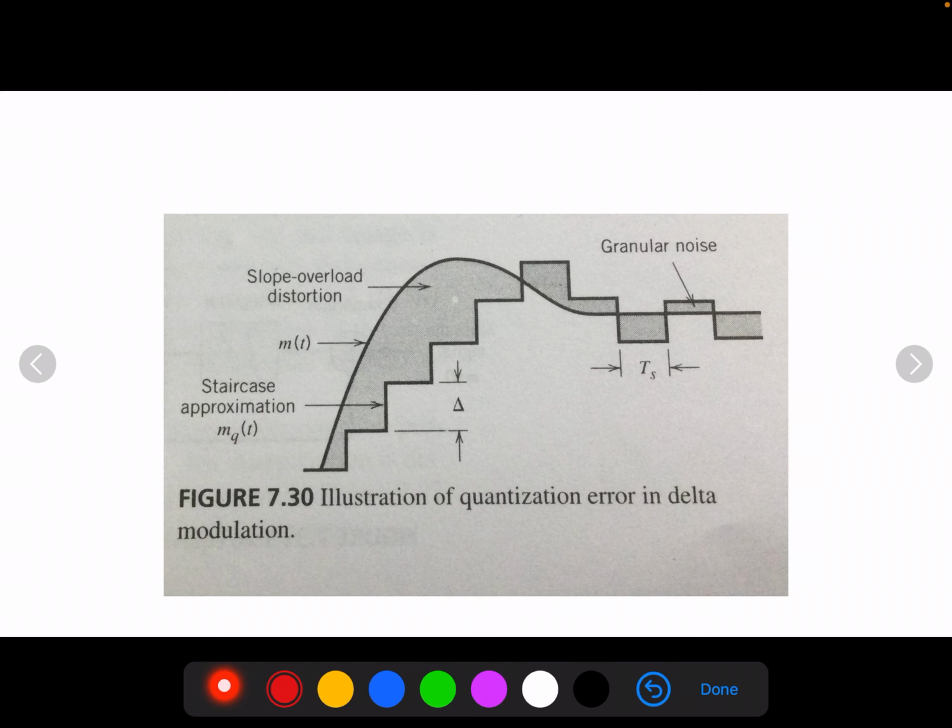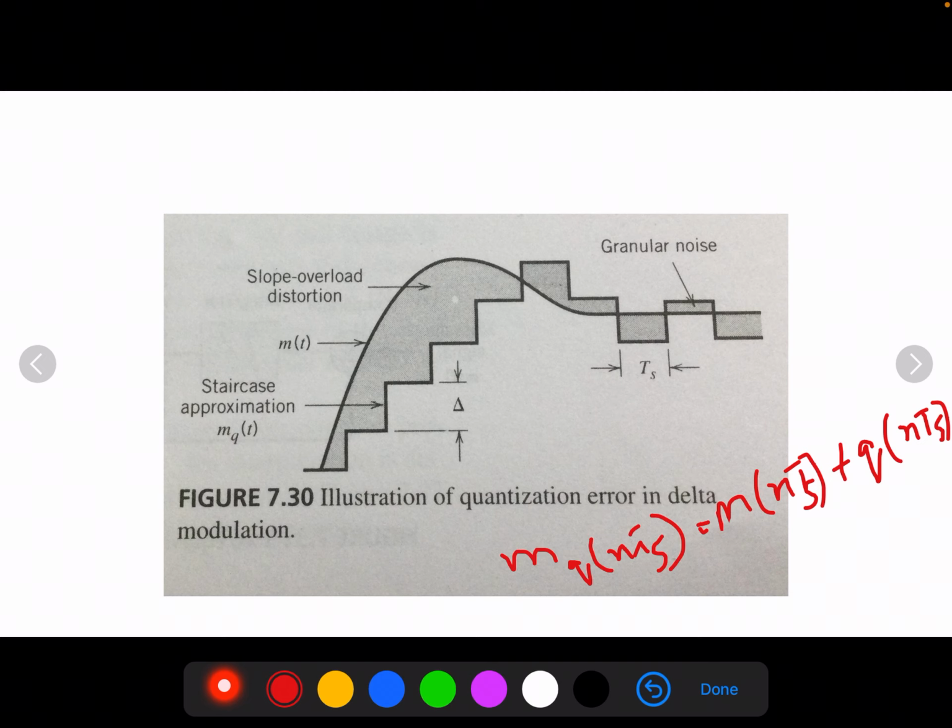Denoting the quantization error q(nTs), mq(nTs) is equal to m(nTs) plus q(nTs). So we observe that the input to the quantizer is e(nTs).